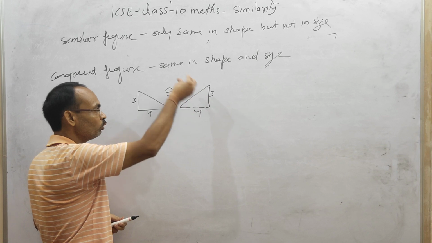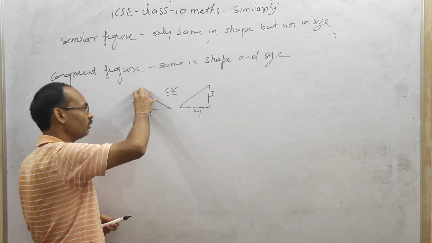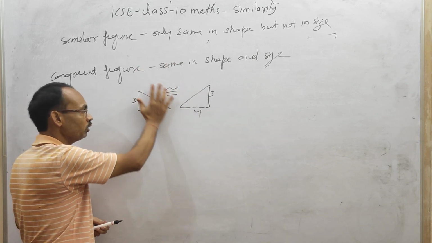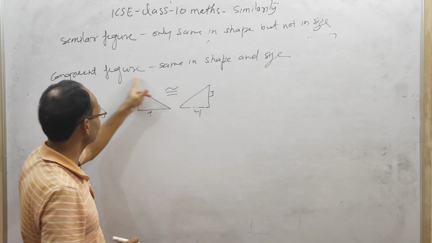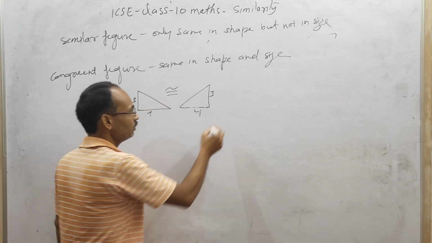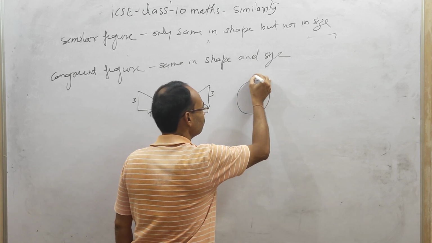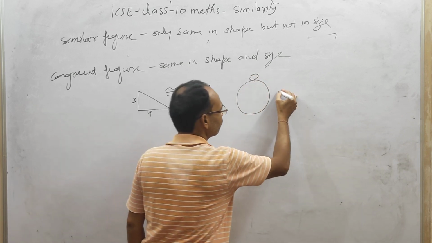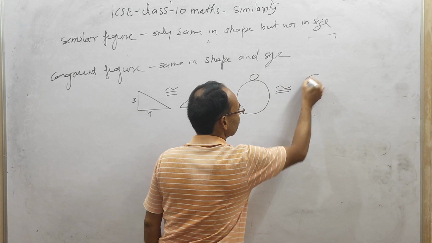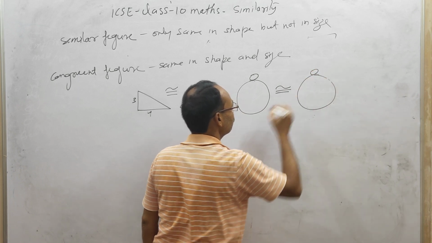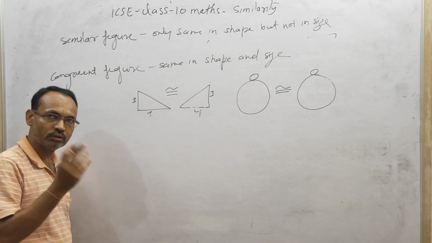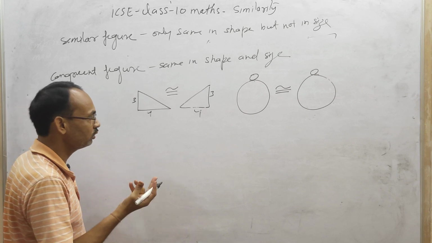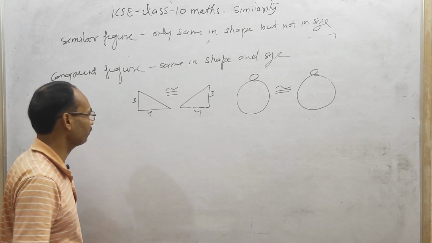If you put this figure upon this figure, then one totally hides the other, so this is known as a congruent figure. Congruent figures should be the same in both shape and size, and there would be no difference in any side, angle, length or anything else.